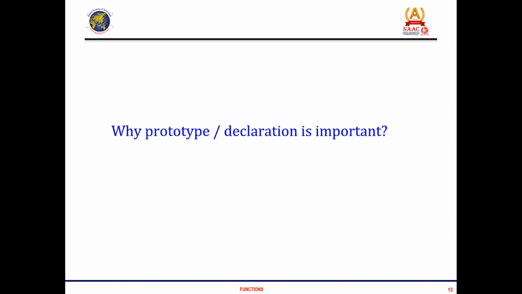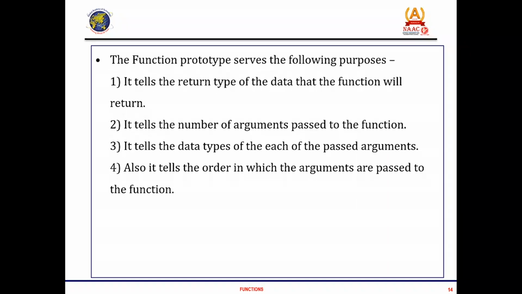Now, why is the prototype or declaration important? The first and foremost thing is it tells the return type of the data that the function will return. Second, it tells the number of arguments passed to the function. Third, it tells the data type of each of the passed arguments.